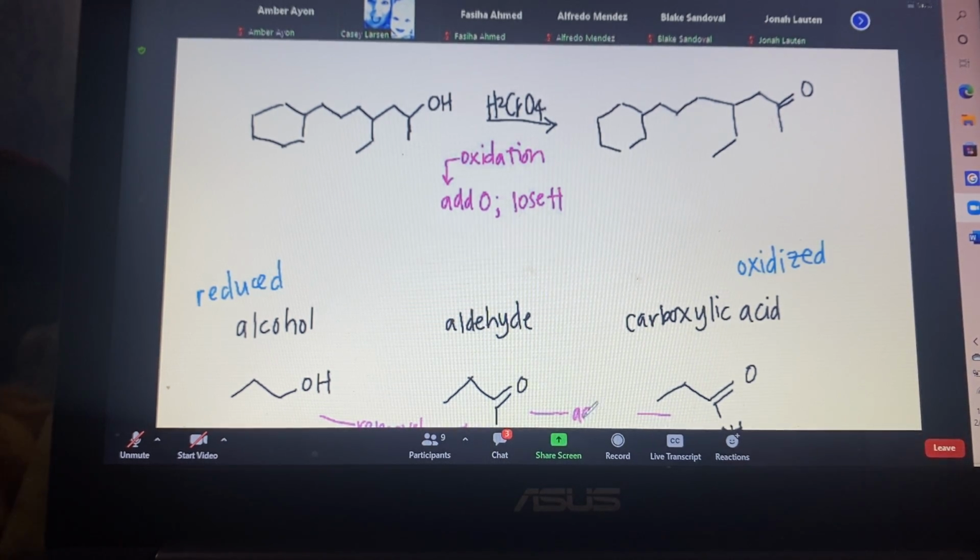You're adding oxygen. Good. So this is what the schematics look like for something like a primary alcohol. You're just going to go from alcohol to aldehyde to carboxylic acid.